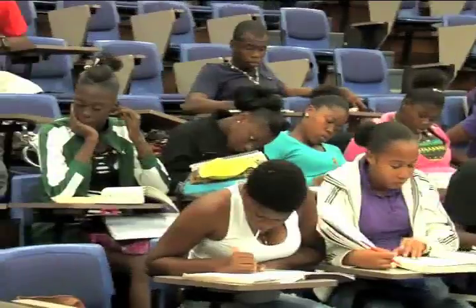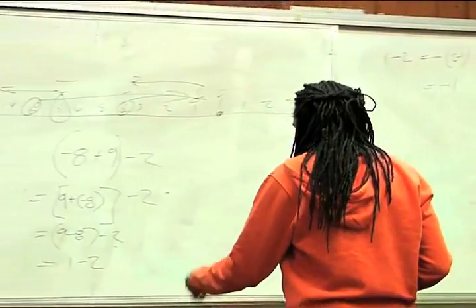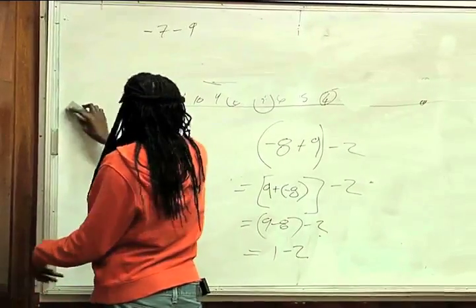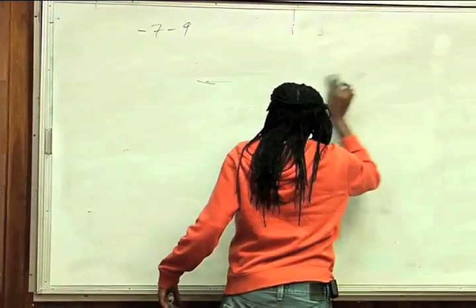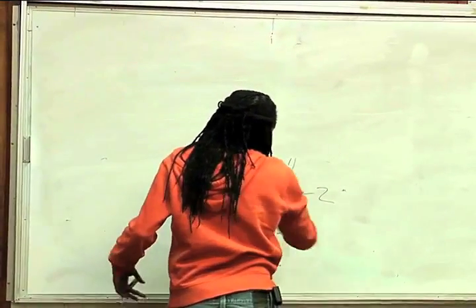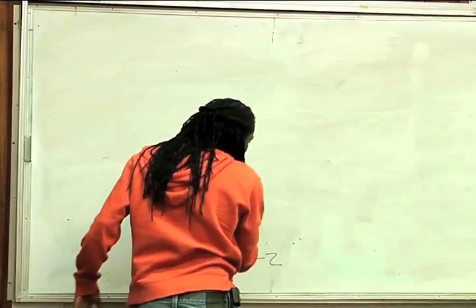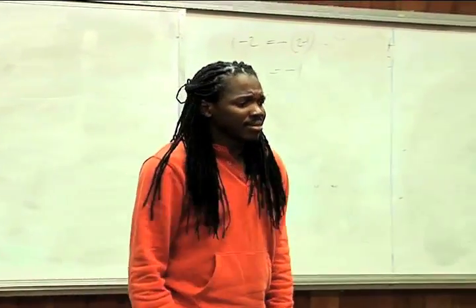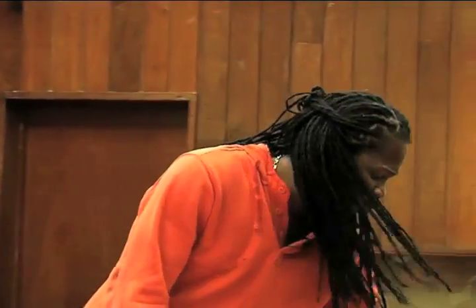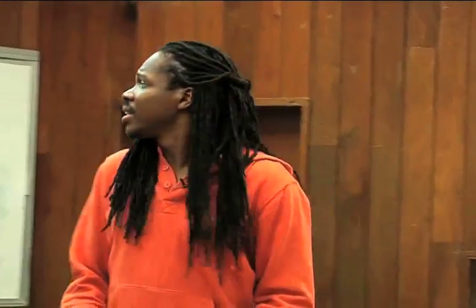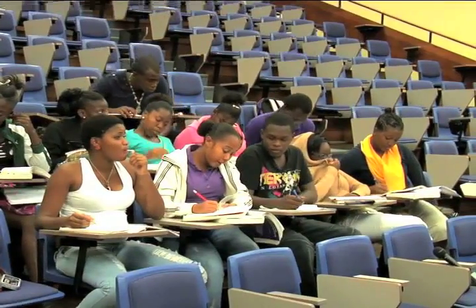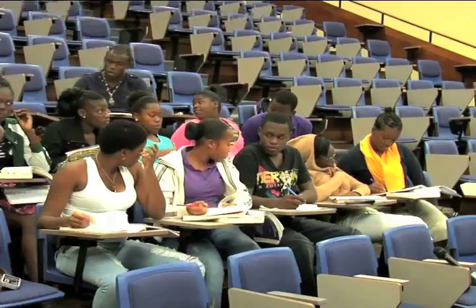All this means, the first thing you write, x equals 3, y equals 4 and z equals 5.